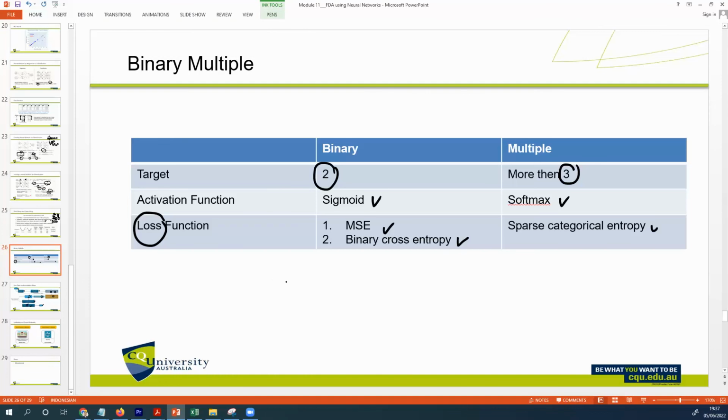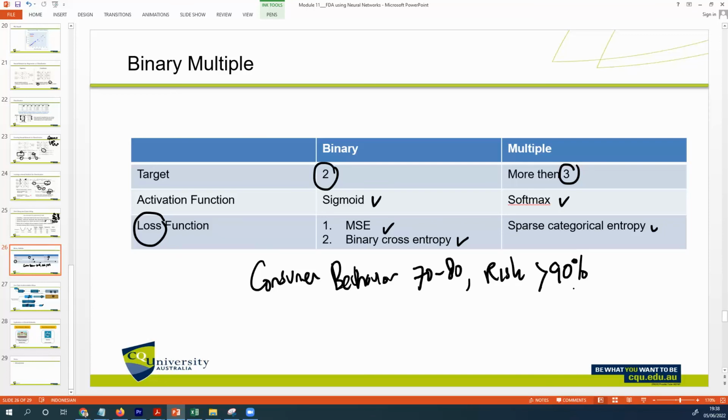Let's say if it is regarding consumer behavior, usually 70 to 80 is still okay. But if it is risk management, they usually request above 90%. 95 is even better because this is about risk, let's say credit scoring or credit rating.